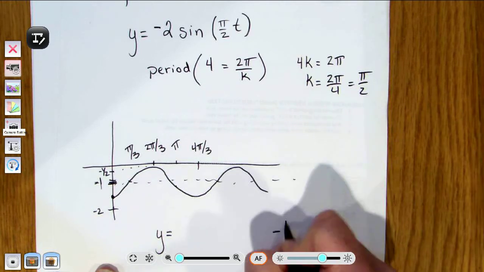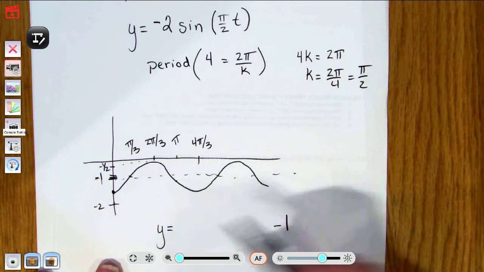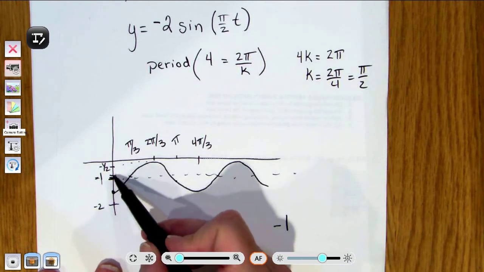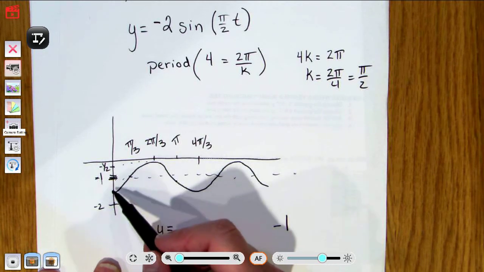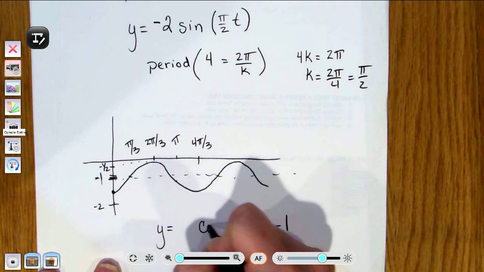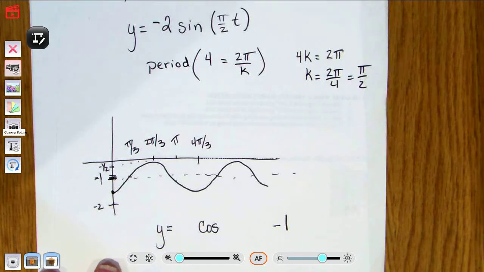So I'm going to put that in first, that -1 to shift it down. Noticing then it's not starting at that centered point like a sine curve does. It starts at one of the extremes, means I have a cosine. So starting at one of those extremes instead of starting at the center is going to be a cosine curve.